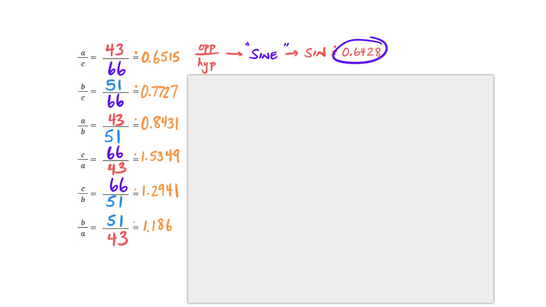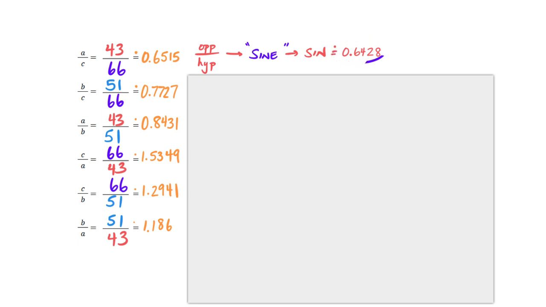I have to be honest with you, I am really happy with my orange. Me getting to 0.6515, if I subtract off 0.6428, I notice I'm 87 ten-thousandths off. That might be the closest I've ever got in trying to calculate that. So I am pretty darn happy with that. I'm hoping you're relatively close.